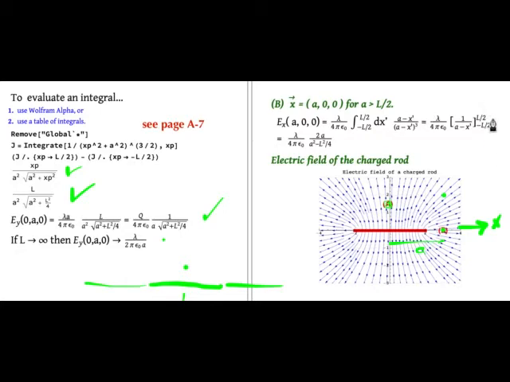Then I have to evaluate that at x prime equals L over 2 minus evaluate it at x prime equals minus L over 2. And that turns out to be lambda over 4 pi epsilon 0, 2a over a squared minus L squared over 4. So there's the answer for the electric field at the point B, to be compared to the point A.